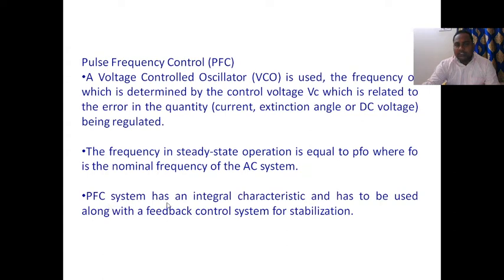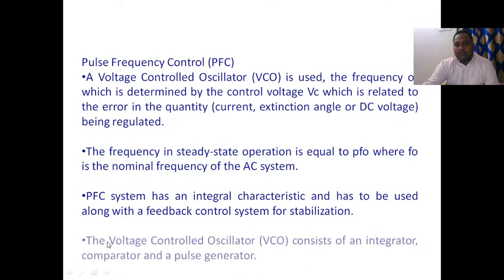The PFC system has an integral characteristic and has to be used along with a feedback control system for stabilization. The voltage controlled oscillator VCO consists of an integrator, comparator and pulse generator.